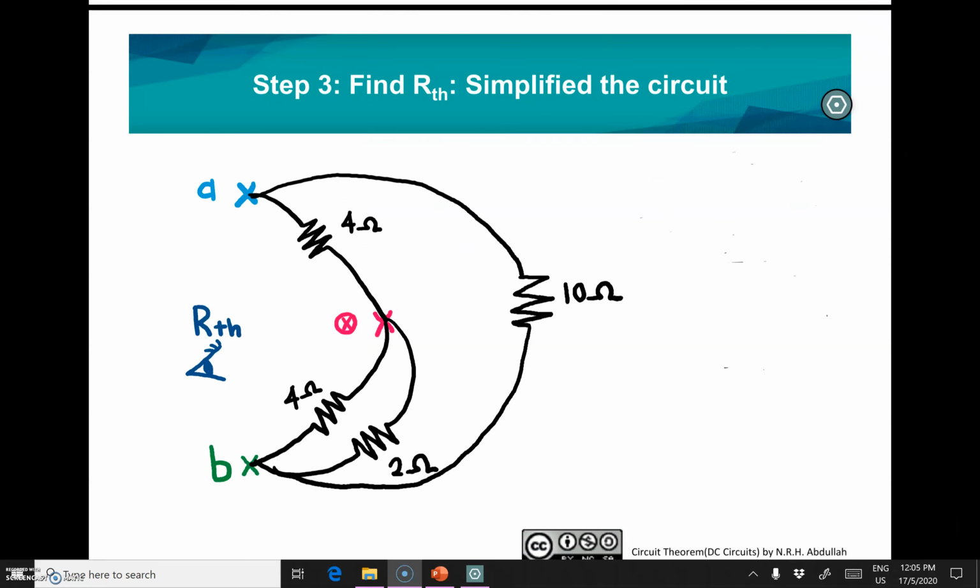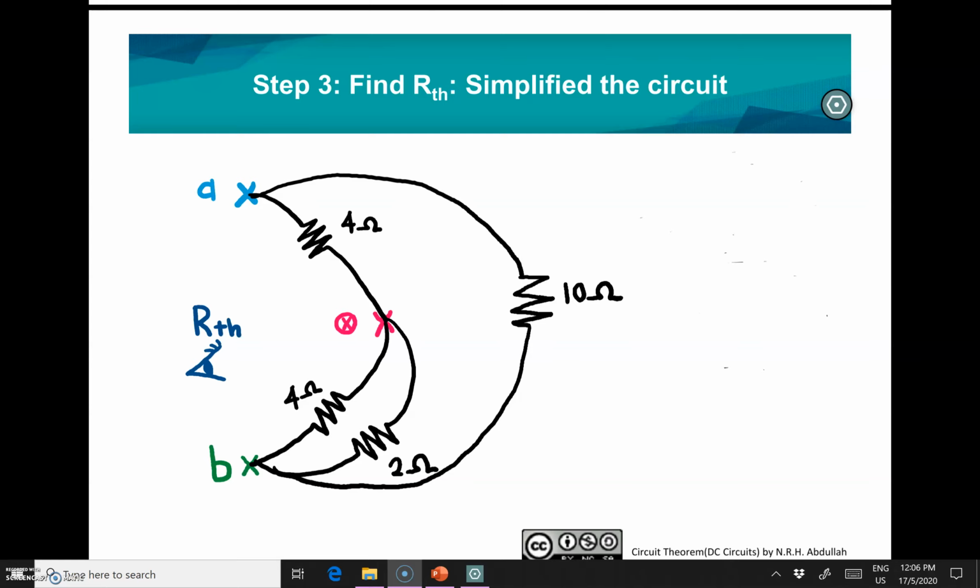After you redraw it, this is the simplified circuit, and you can see that some of the resistors are in parallel and some are in series. So in order to solve the circuit, you have to use the series and parallel method.